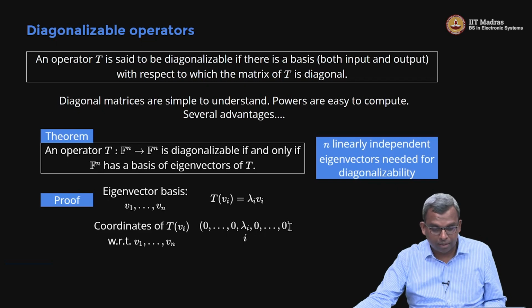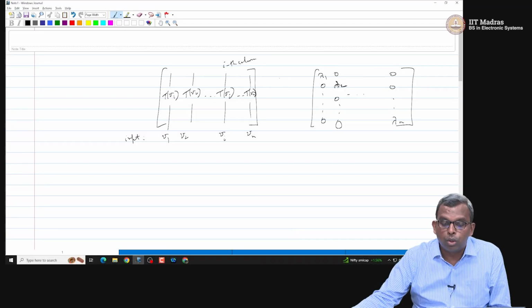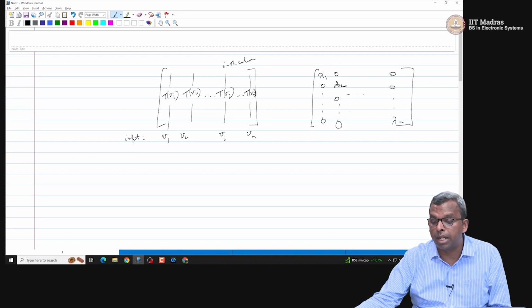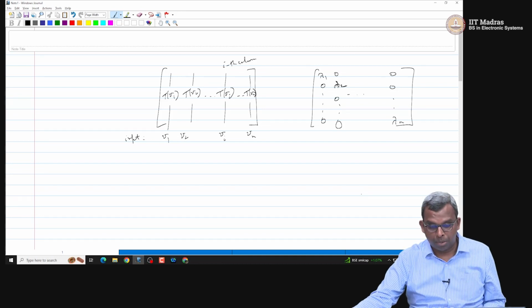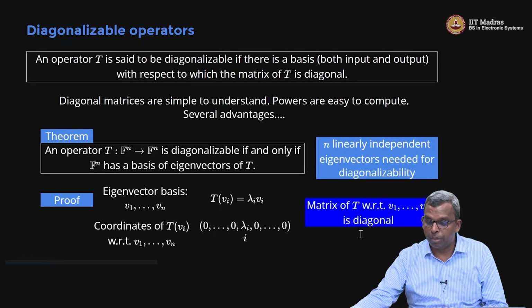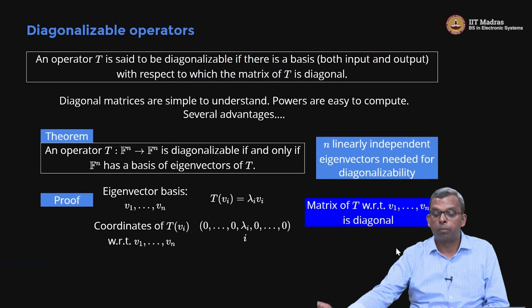So once you have this, we know that the matrix representation of T with respect to the basis v1 to vn has columns T of v1, T of v2, up to T of vn, with coordinates found with respect to v1 to vn. Okay, the coordinates also are found with respect to the same basis. So that is nothing but lambda 1 appearing in the first entry, lambda 2 appearing in the second entry, and so on till lambda n. This becomes a diagonal matrix. So that is the basic idea. So the matrix of T with respect to v1 to vn is diagonal.